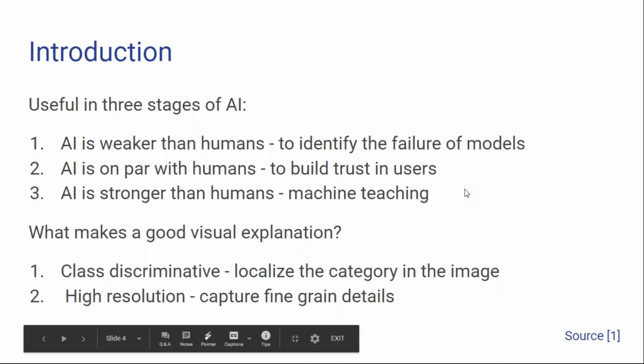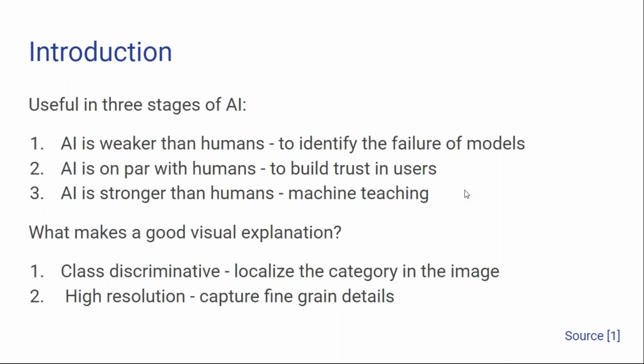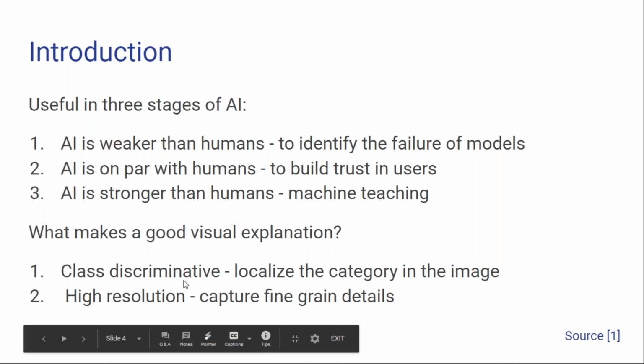For example, if you have an image with a dog, the model should look into the area of the image where the dog actually is, and then predict the correct class, dog. So that is class discriminative.